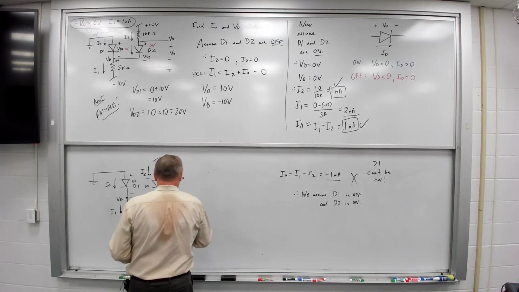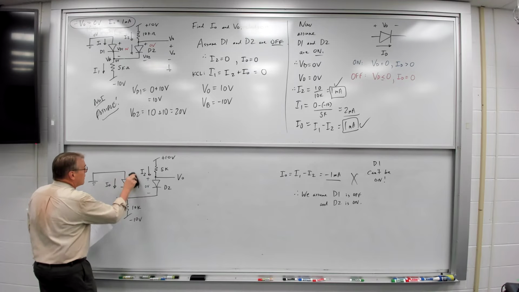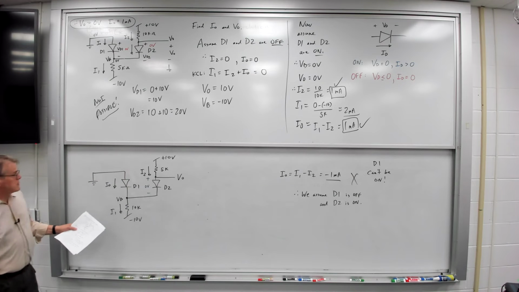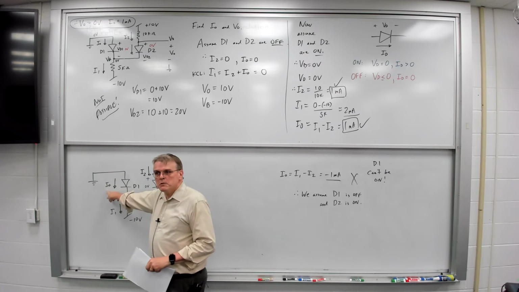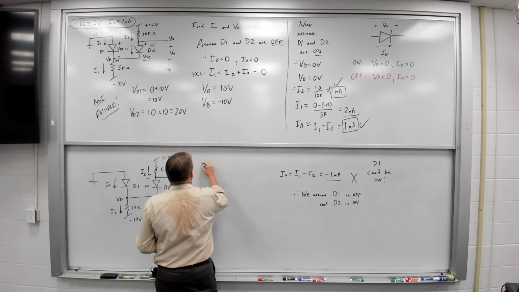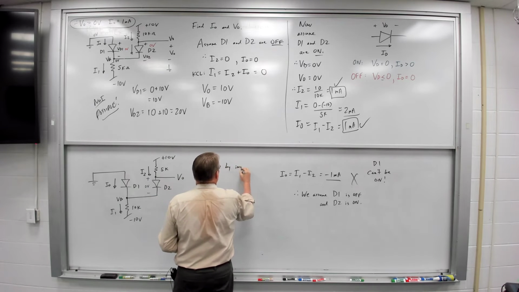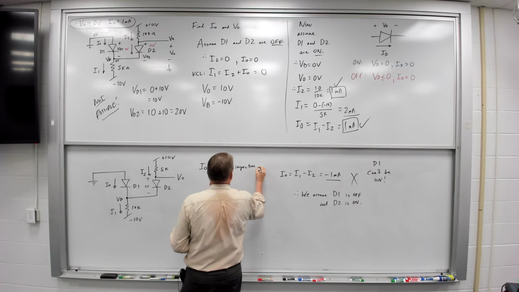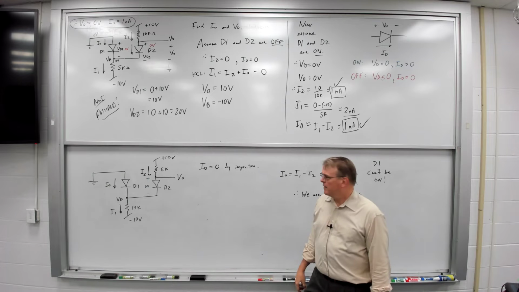So in this case, if D1 is off, then I know I0 must be equal to 0. By inspection, I know that must be true if D1's off.